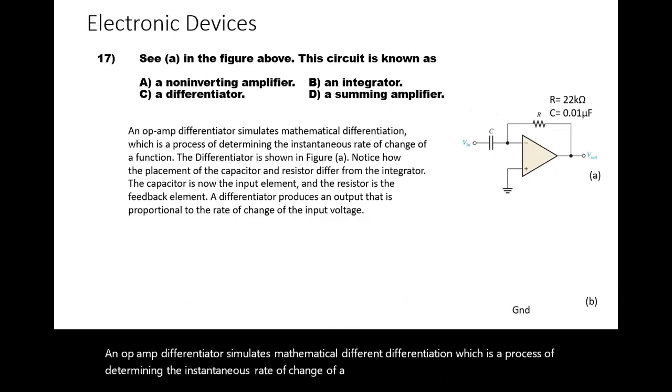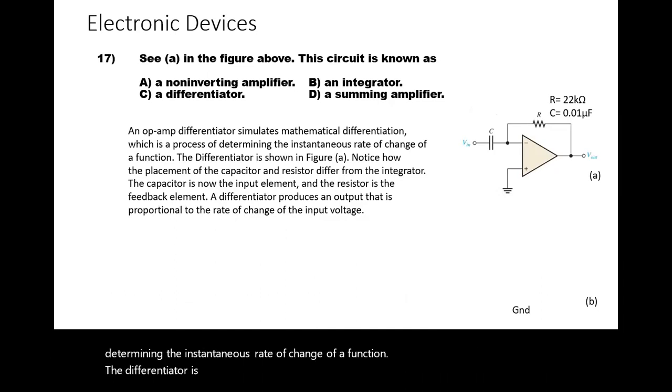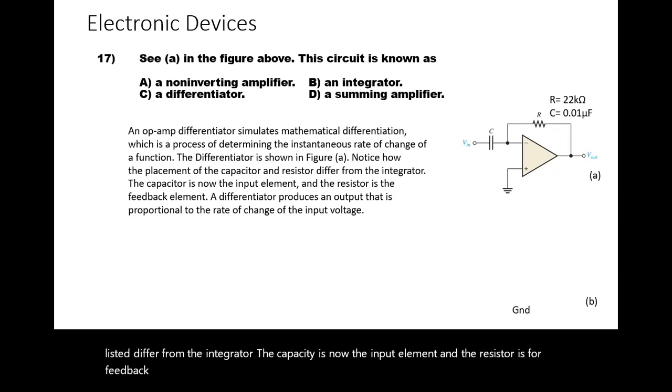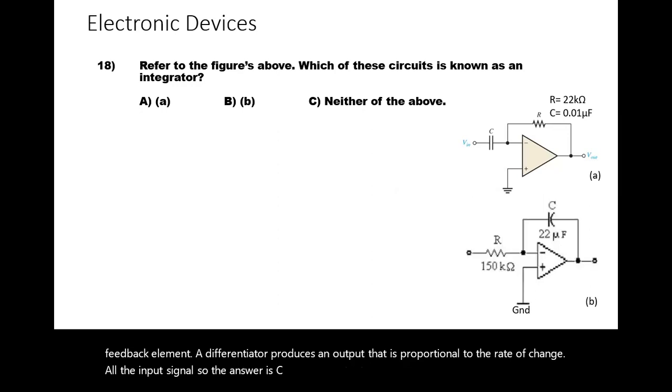The differentiator is shown in this figure A. Notice how the placement of a capacitor and resistor differ from the integrator. The capacitor is now the input element and the resistor is the feedback element. A differentiator produces an output that is proportional to the rate of change of an input signal. So the answer is C, a differentiator.